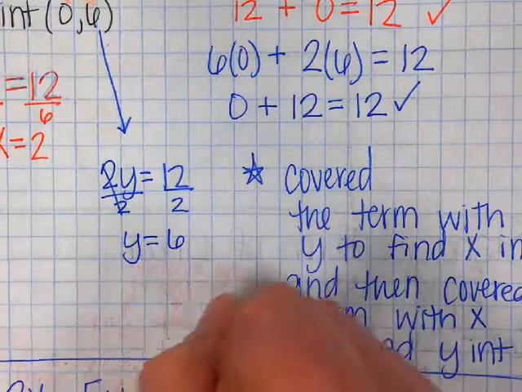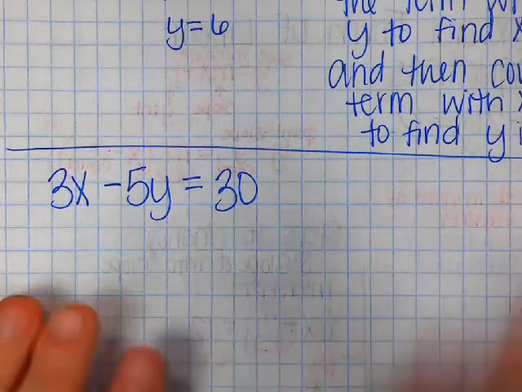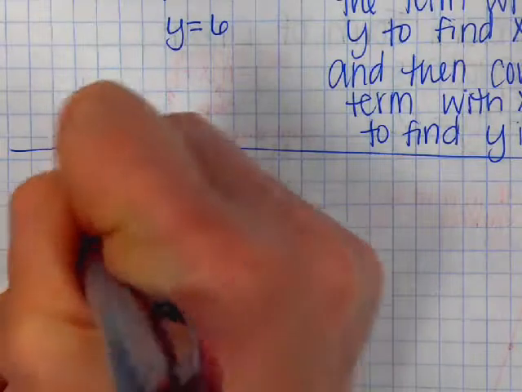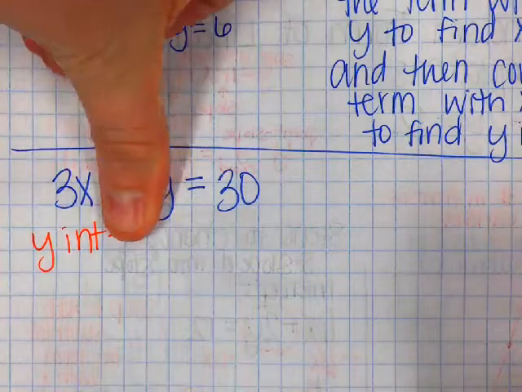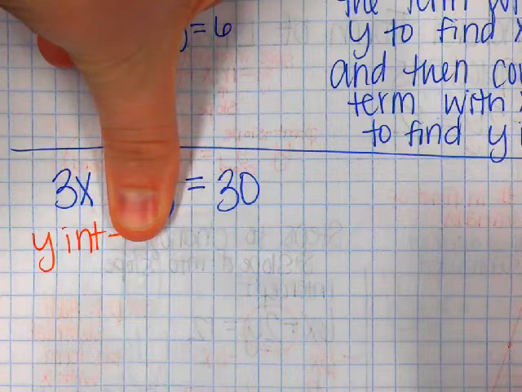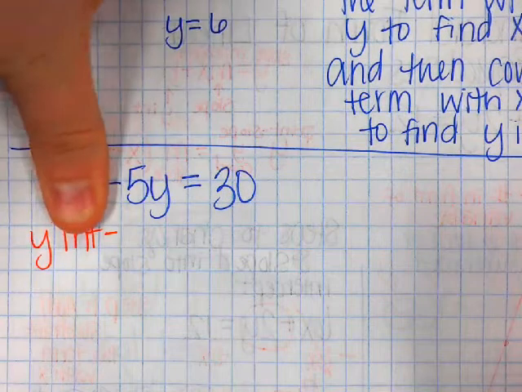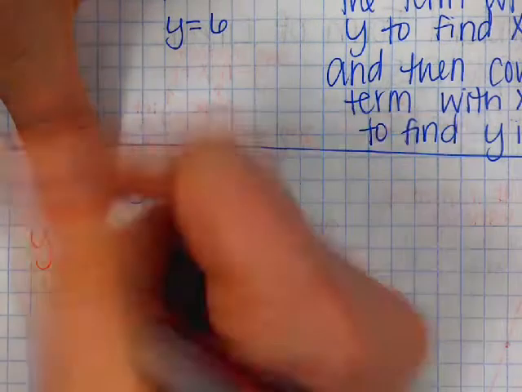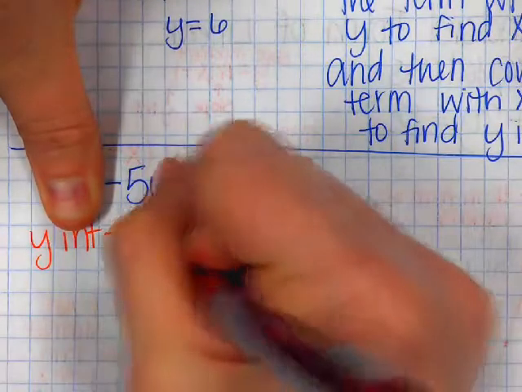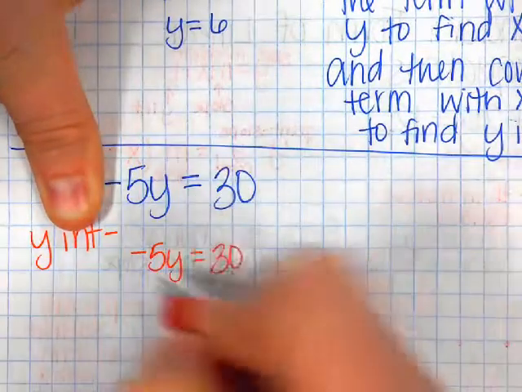So if we do another one, 3x minus 5y equals 30, and I ask what is the y-intercept? To find the y-intercept, I want to cover the x and show the y.